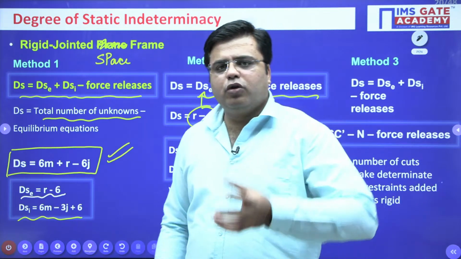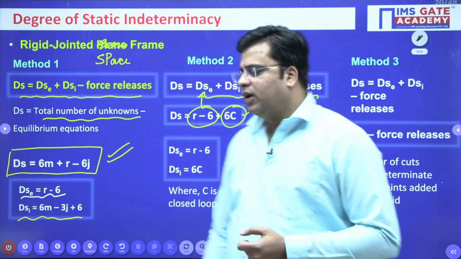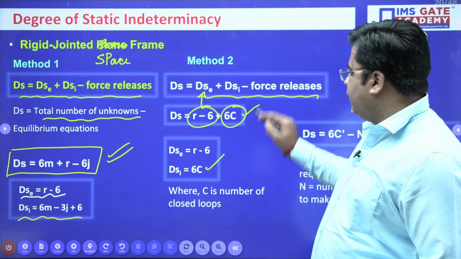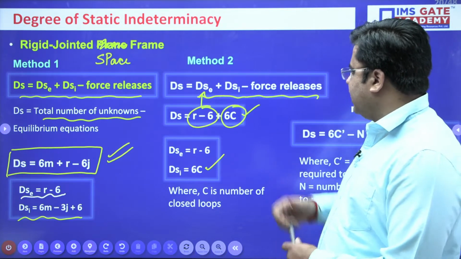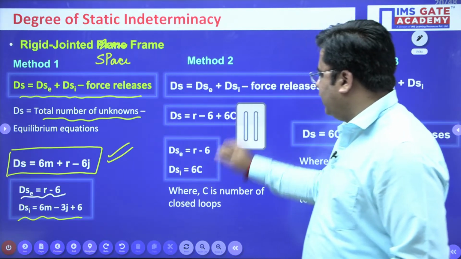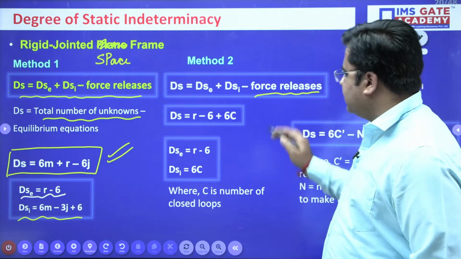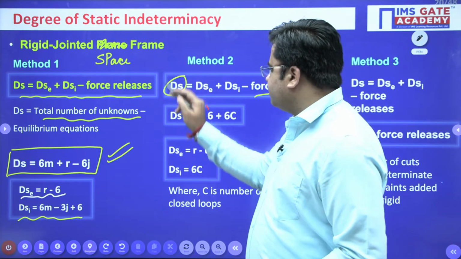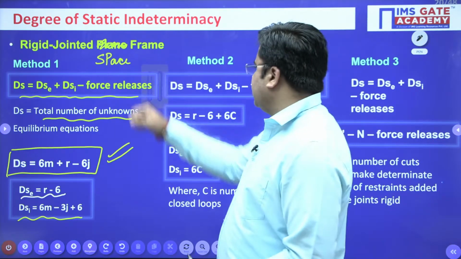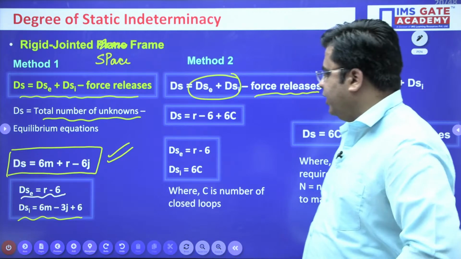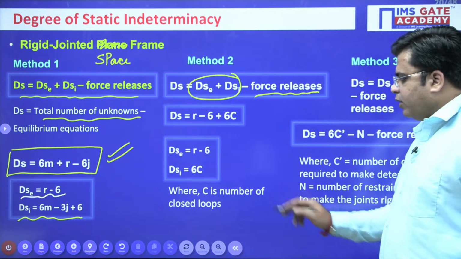If any force releases are there, they are subtracted from your final value of the degree of static indeterminacy, from your external and internal indeterminacy. C is the number of closed loops.